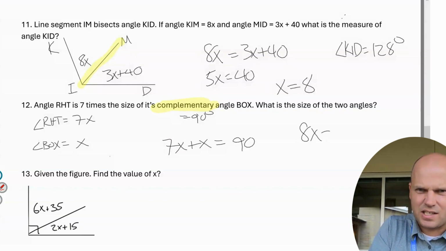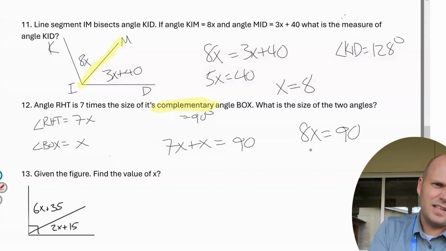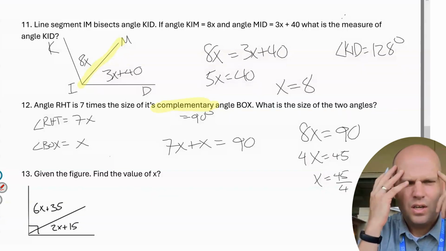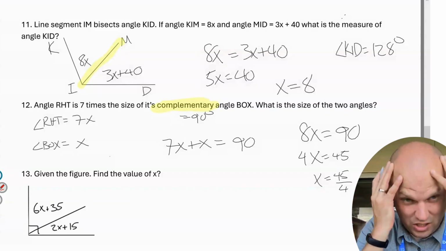I get 8x is 90. I'm going to divide everything by 2. I get 4x equals 45. I'm going to get x equals 45 fourths. I can't divide by 2.